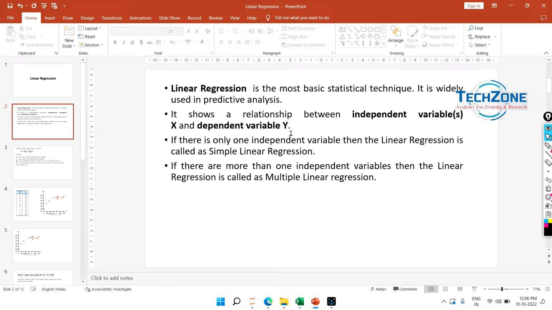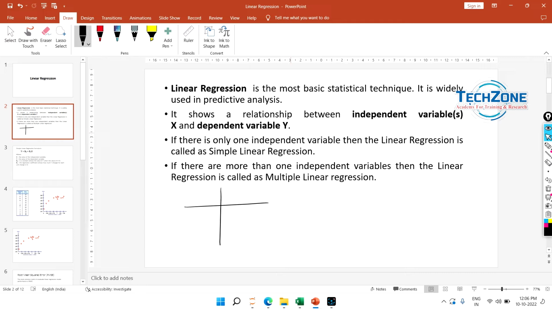Now, what are these independent variable and dependent variable? Let us say we have a data set in which we have only two columns. Let me draw a sample database here: years of experience, or experience in years, and this is salary.